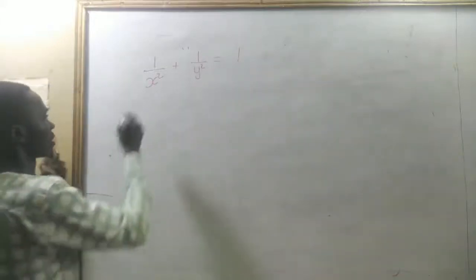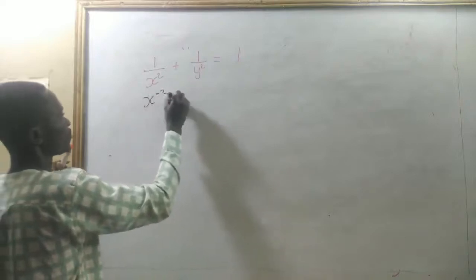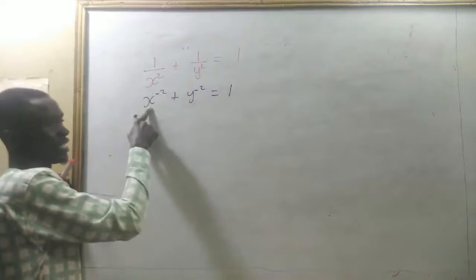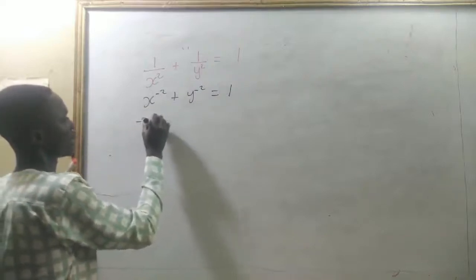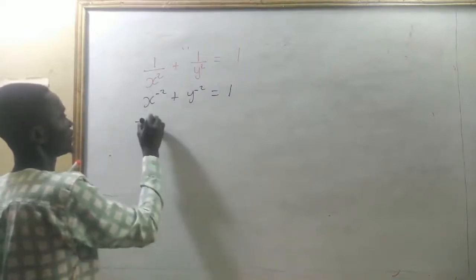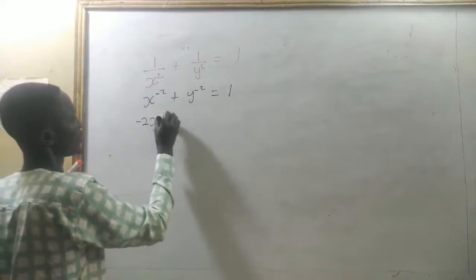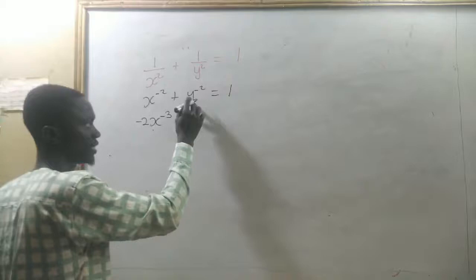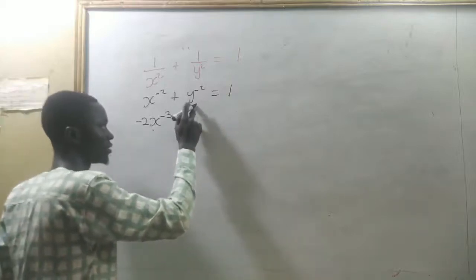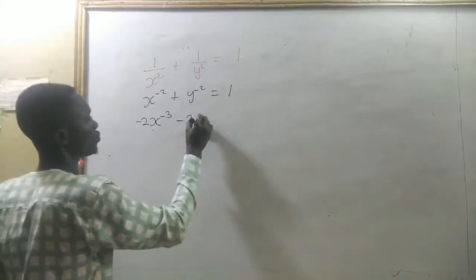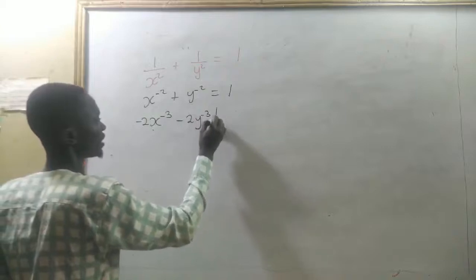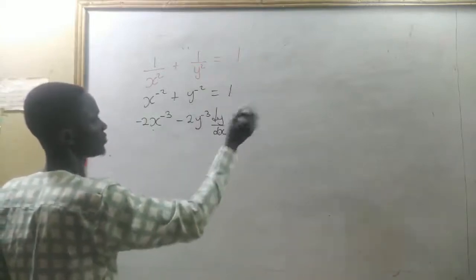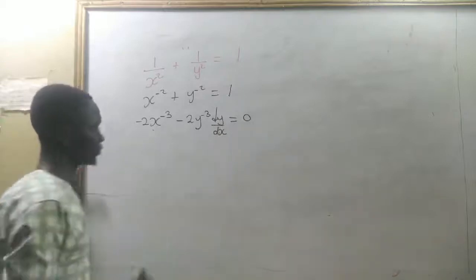Now this is the same as x to the power negative 2 plus y to the power negative 2 equal to 1. So you differentiate this with respect to x, you get negative 2 x to the power negative 3. And if you differentiate this implicitly with respect to x, I'm going to get negative 2y to the power negative 3. Then we attach dy on dx. If you differentiate 1 with respect to x, you get 0.